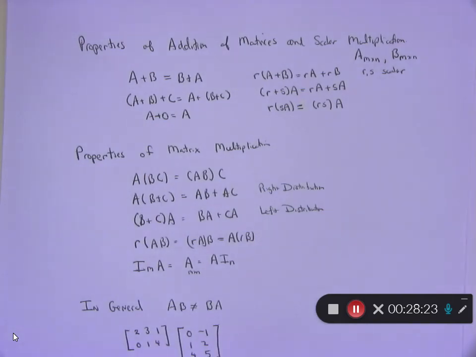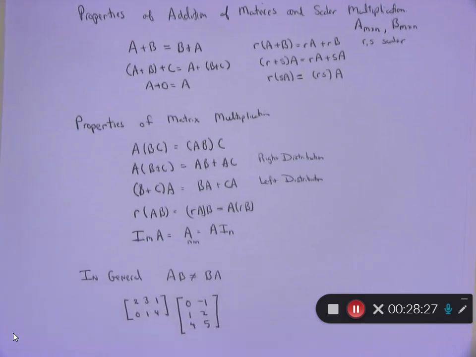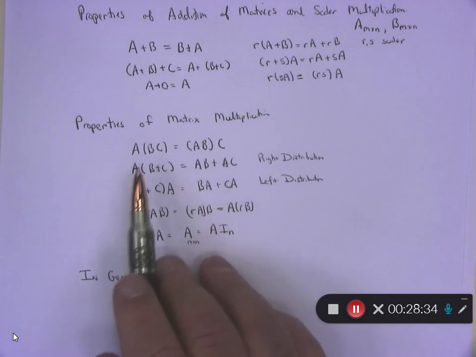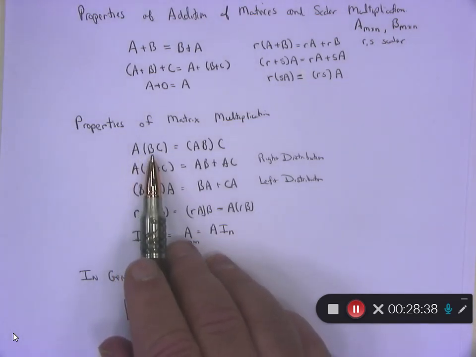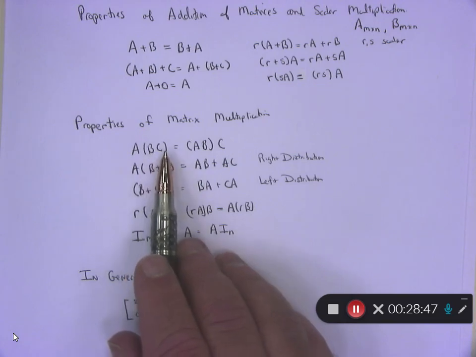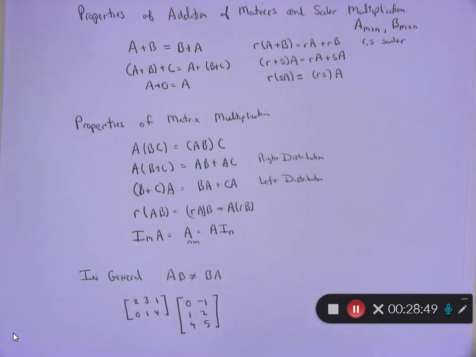Now, properties of matrix multiplication. Here I have A, B, and C of proper size. What do I mean by proper size? To be able to multiply A times B, A has to be M by N, and B has to be N by somebody. And if you have matrix B times C, B has to be N by somebody, let's say W. Then C has to be W by somebody else, because the columns of the first matrix have to match the rows of the second matrix being multiplied.